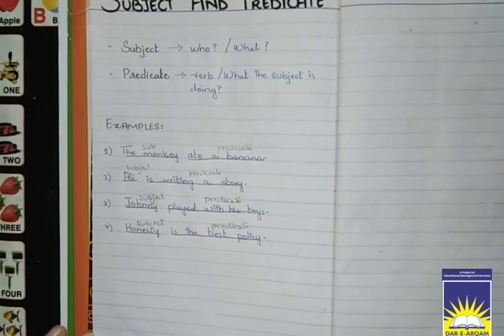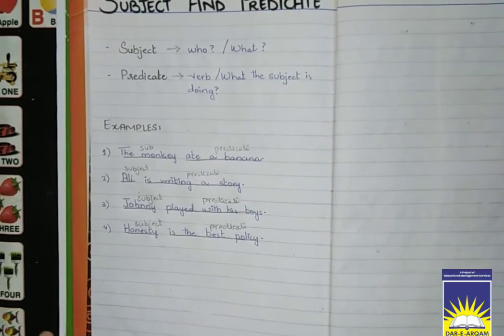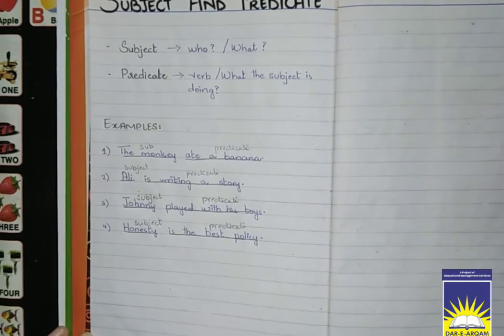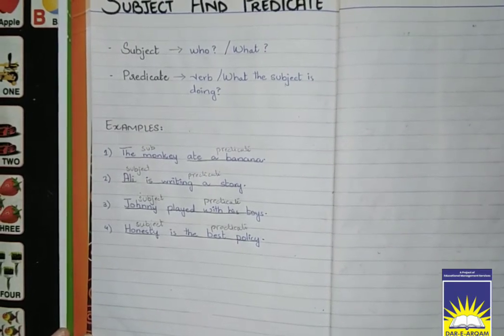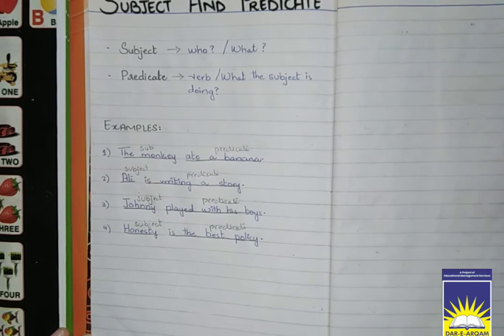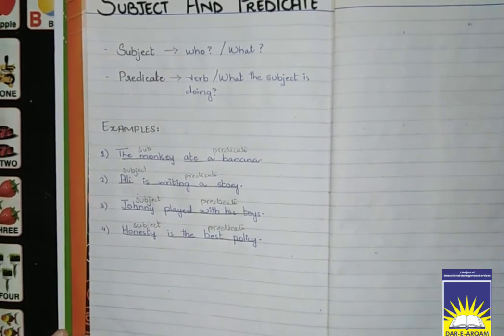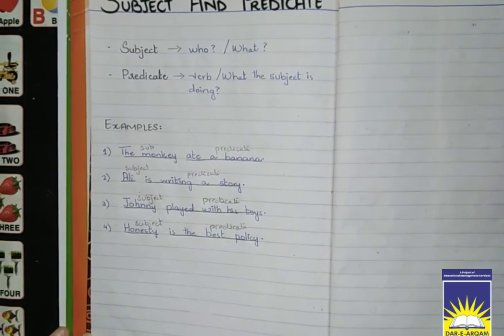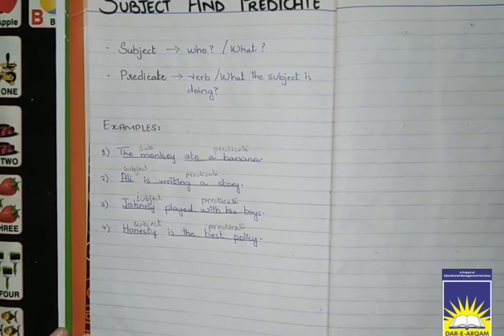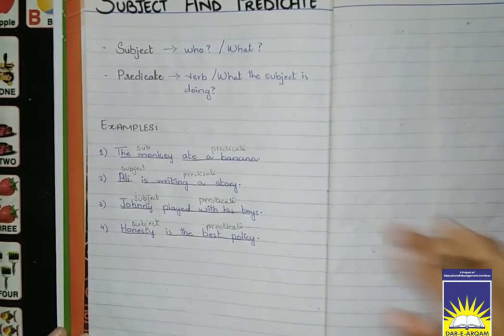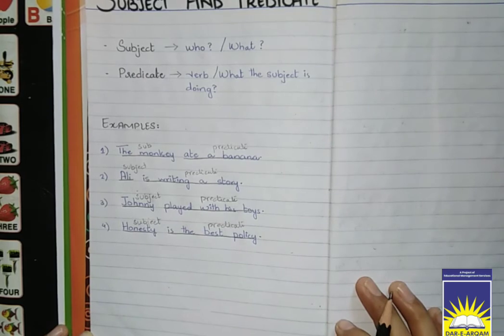If there is no answer to who, then go to what, that is, if there is no person, then go for what. After finding the subject, you can easily see that the rest of the sentence is the predicate, which contains the verb. I hope that the concept is clear to you.